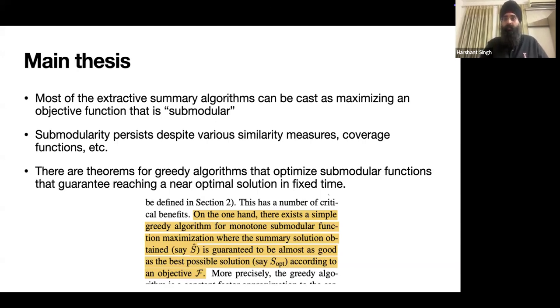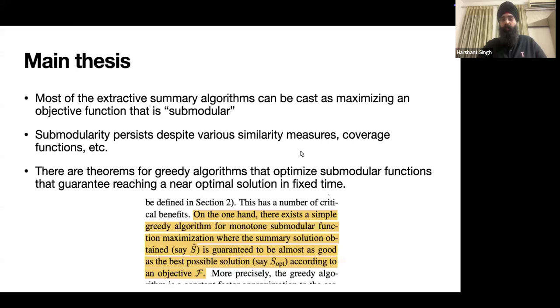So basically, a lot of things that people were doing while generating extractive summaries can be cast as maximizing an objective function that is submodular.